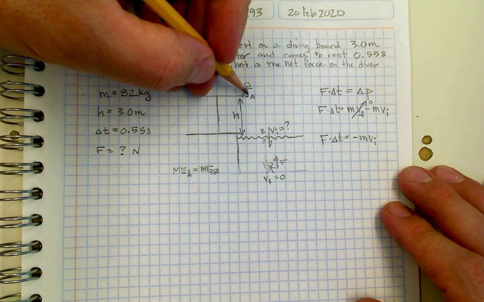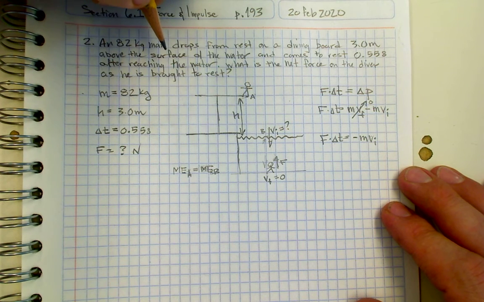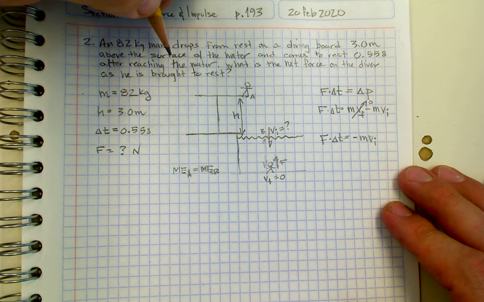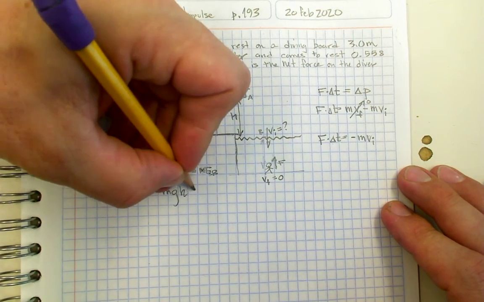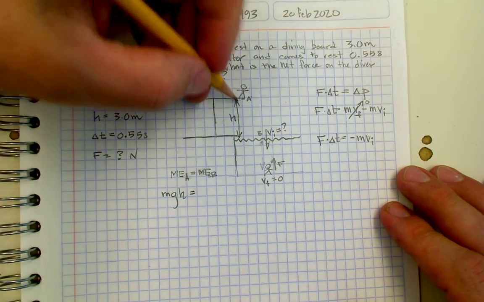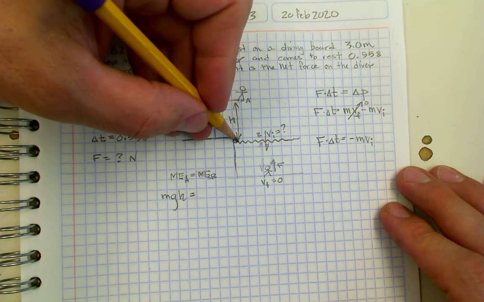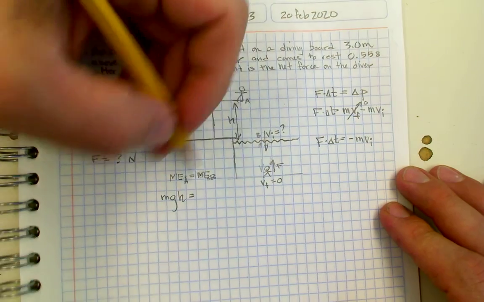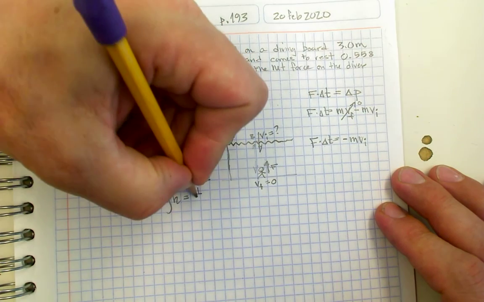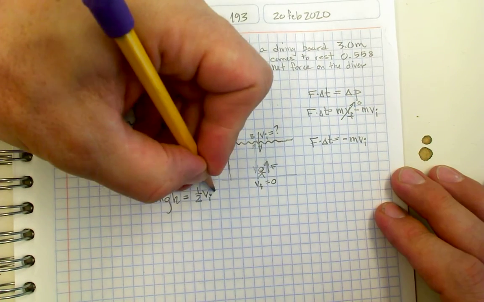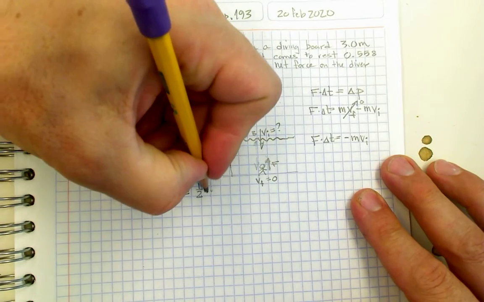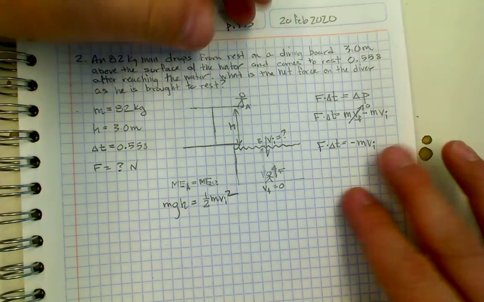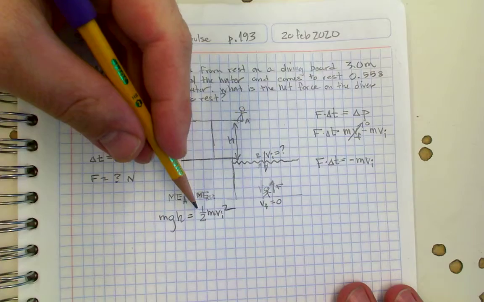There's no elastic spring potential energy, and so all of the energy in this system is mgh. And once he falls to a height of 0, all of his mechanical energy is going to be 1/2 mv_i squared. So I've got these formulas here.